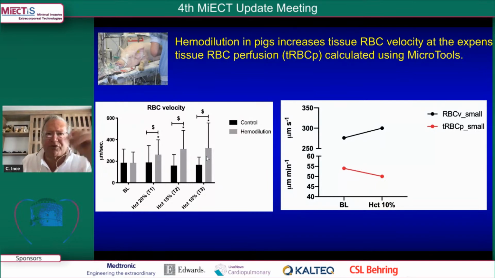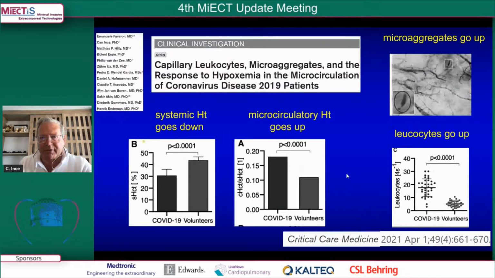So if your perception of tissue perfusion is velocity, the velocity increases with excessive hemodilution. The tissue red blood cell perfusion, however, which is the perfusion of red blood cells, the oxygen carrying capacity of the blood, decreases. This very nicely shows that this tissue red blood cell perfusion is an interesting parameter.